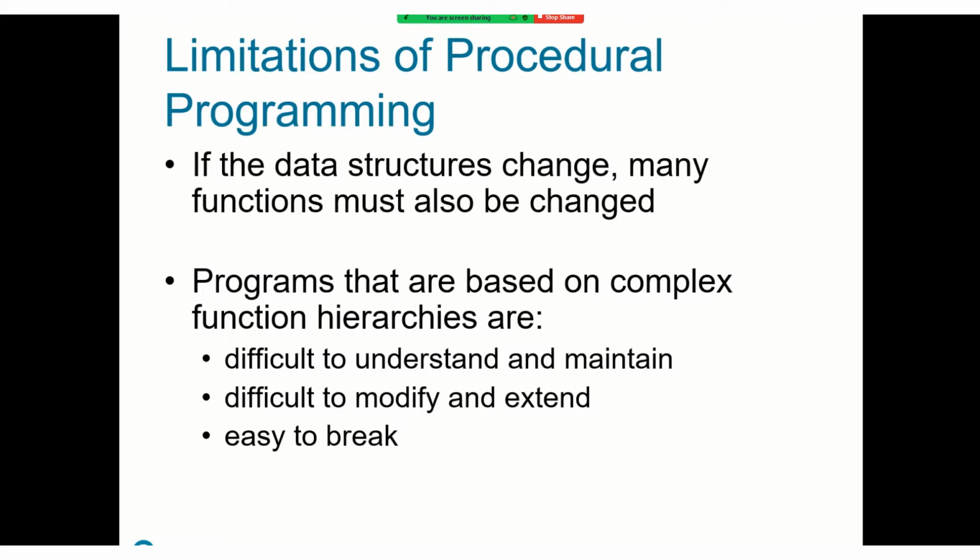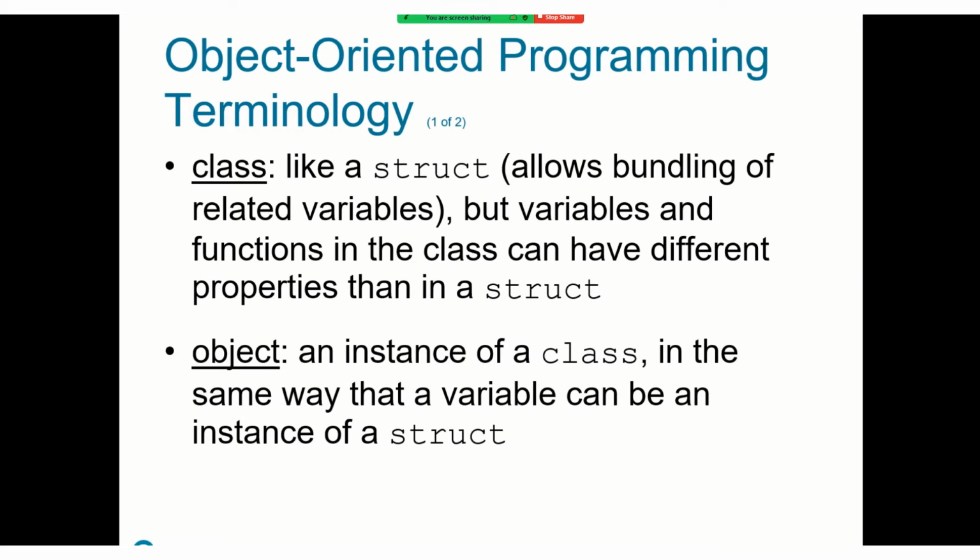But programs that are based on very complex steps in the function may be difficult to understand and maintain, and also difficult to modify and extend those functions. As a result, the program may not be accurate all the time, and your program may break easily. Those are the disadvantages, demerits of procedural programming.